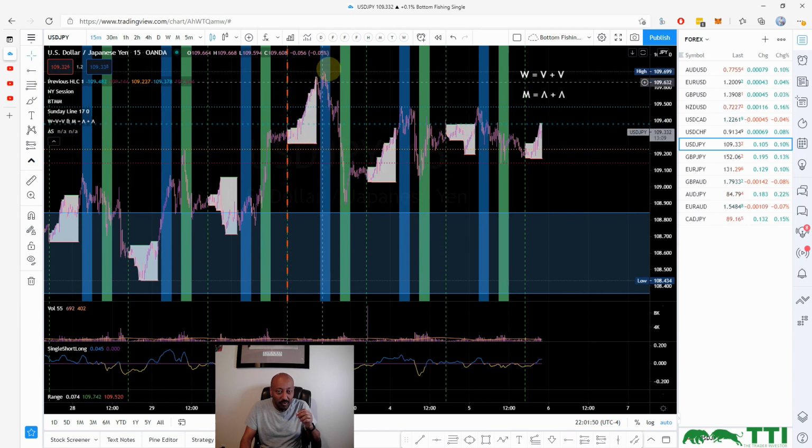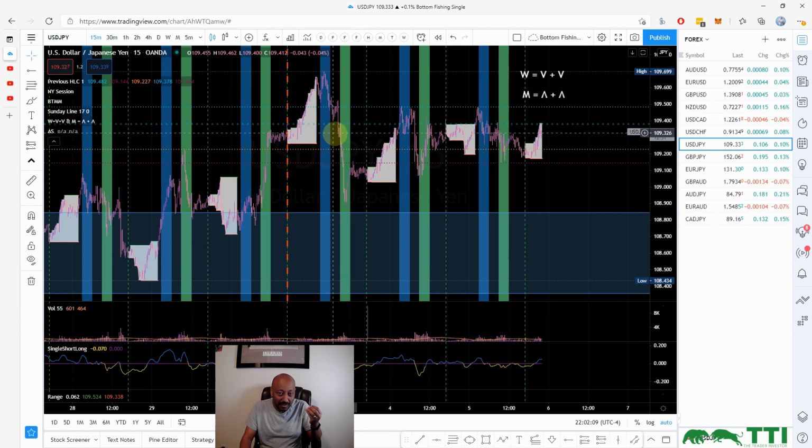There was an M formation here, the move happens, and the New York session ends in consolidation. Many times the New York session will come off the lows or the highs to consolidate, except on the 30th, on Friday, it decided to stay at the high.